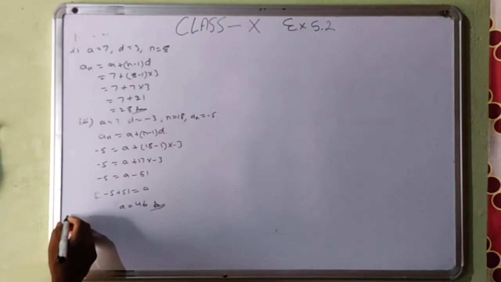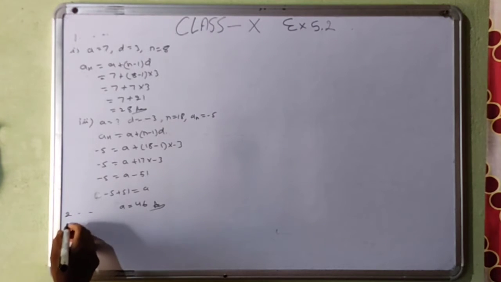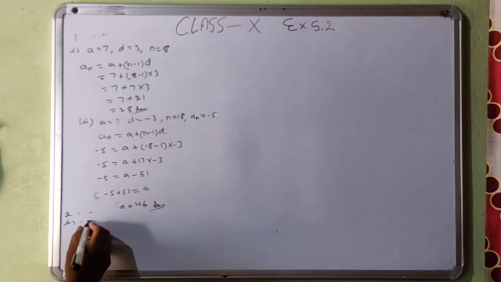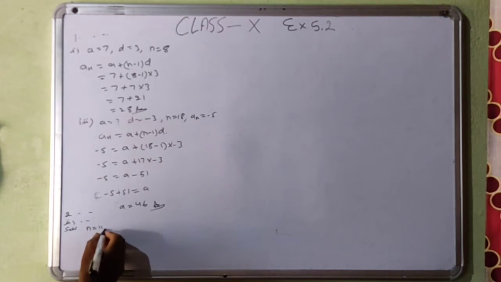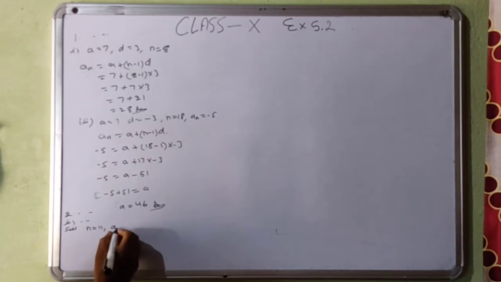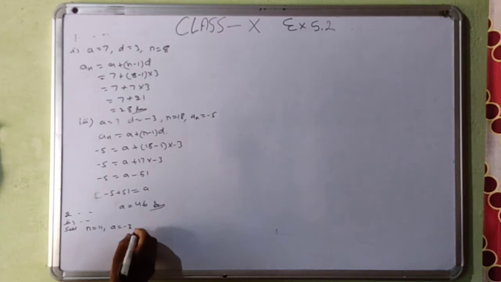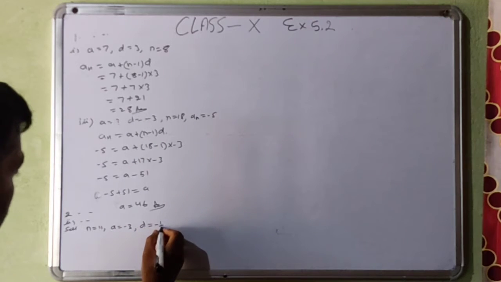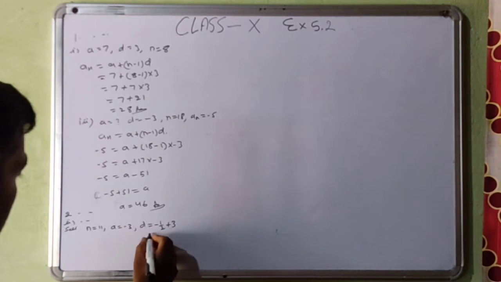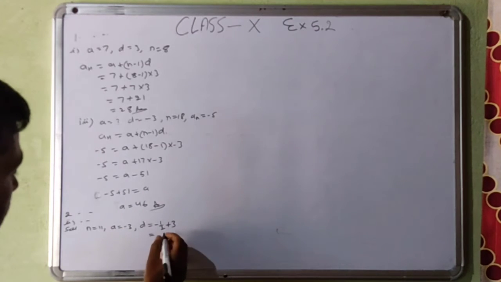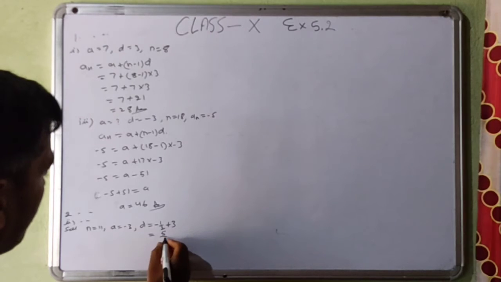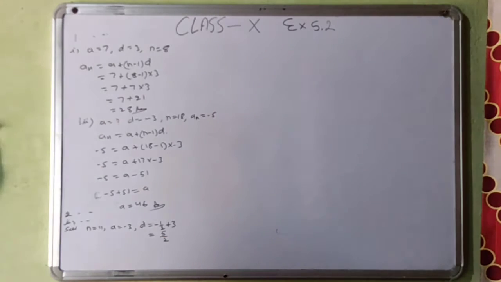Here in the second question I am doing the second part. n is equal to 11, a is equal to minus 3, and d is equal to minus 1 plus 3, because minus minus plus will be there. So 3 twos are 6, 6 less 1 is 5 upon 2.